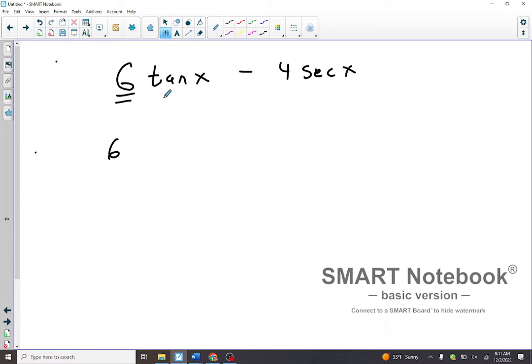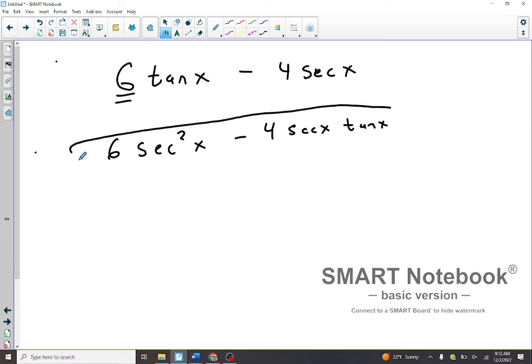Then you derive the tan, which is just going to be secant squared. I know it's not the cosecant squared because it's not co. Minus here, the 4 again will not affect the thing. And the derivative of secant is secant tan. So the first question is basically, for me at least, to see, do you know your trig?